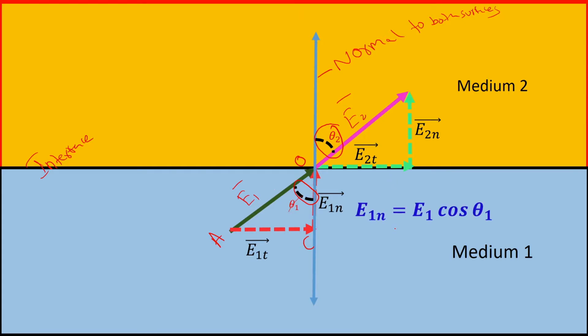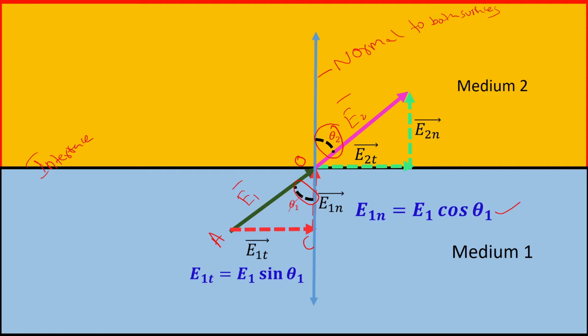Therefore, we can say E1n equals E1 cos theta 1. Similarly, sine of this theta 1 is the magnitude of the tangential component divided by the magnitude of the electric field intensity. So E1t is equal to E1 sine theta 1.